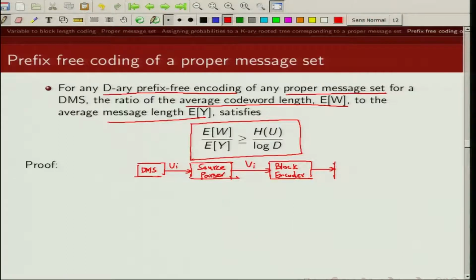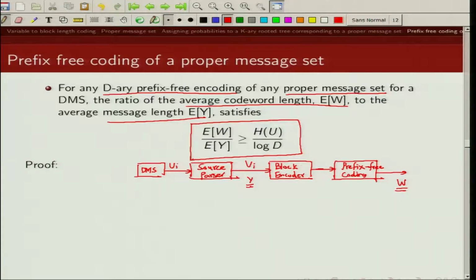Now that is input to a prefix free coding. This takes as input blocks of fixed length, and gives out code words of variable length, and W is the length of this output code word, which is a random variable. And Y is the source length of the parsed input sequence, and Y is also a random variable.